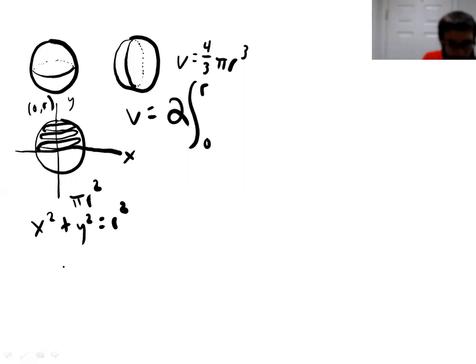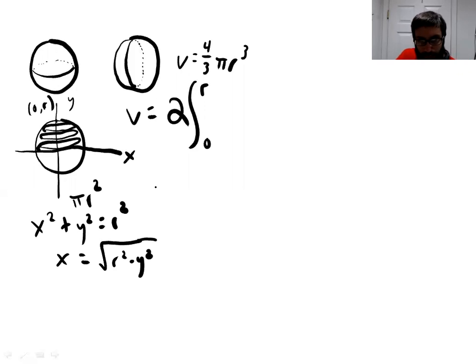We can very simply solve for x then, and x is going to be equal to the square root of r squared minus y squared. So all of our different circles are going to have a radius of the square root of r squared minus y squared.